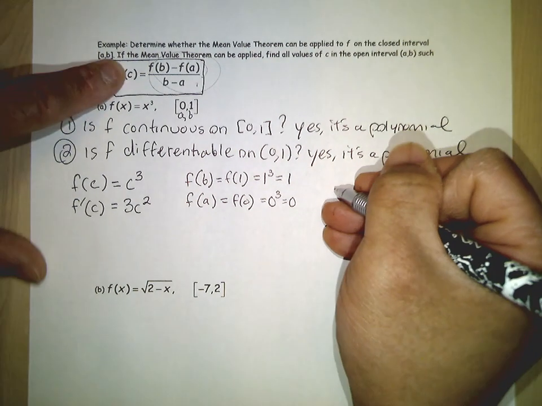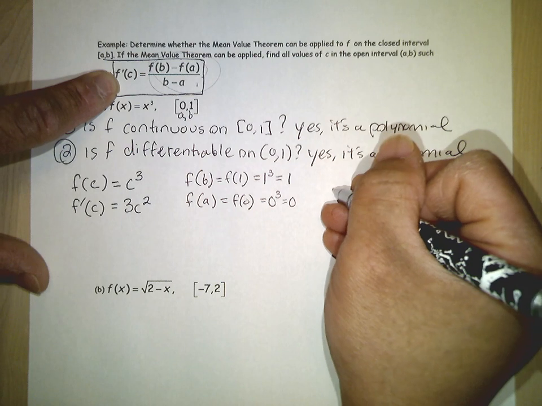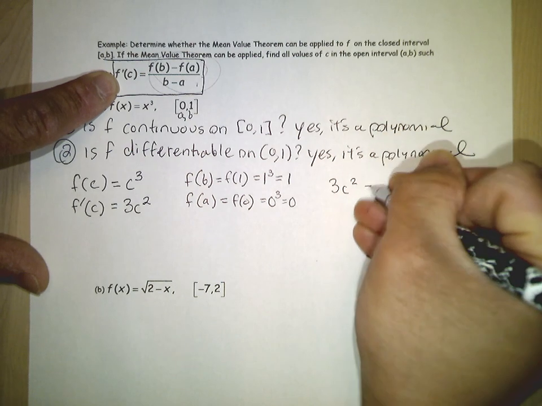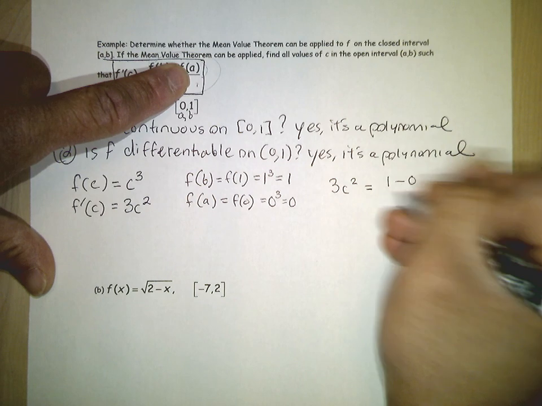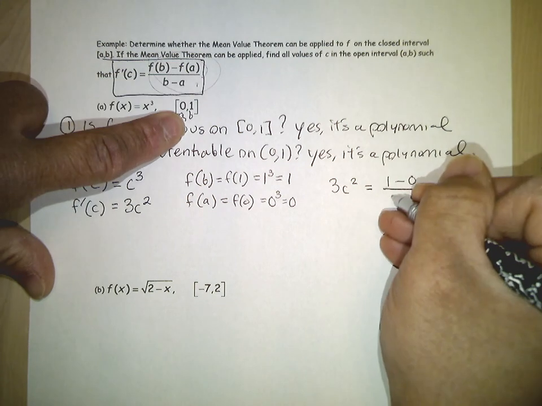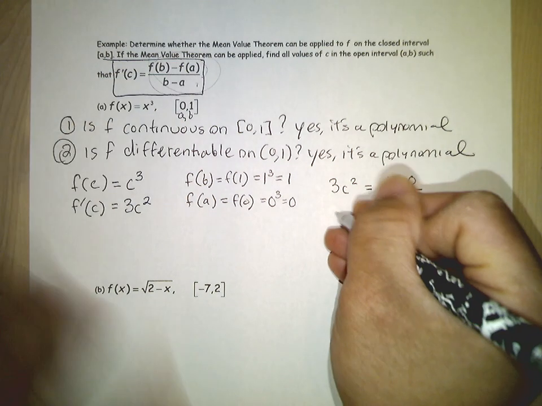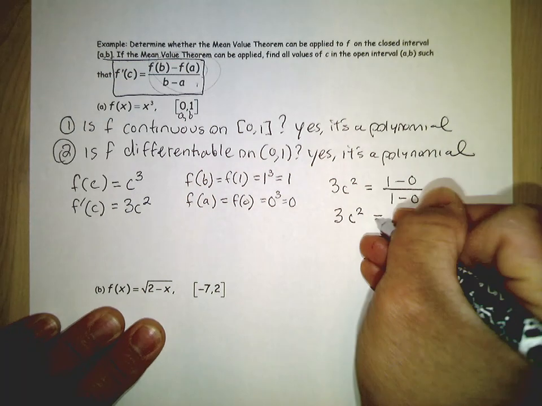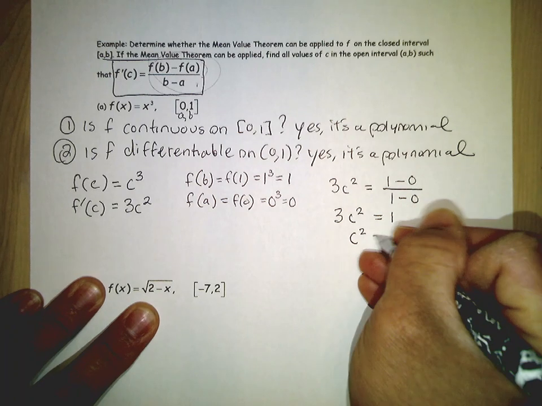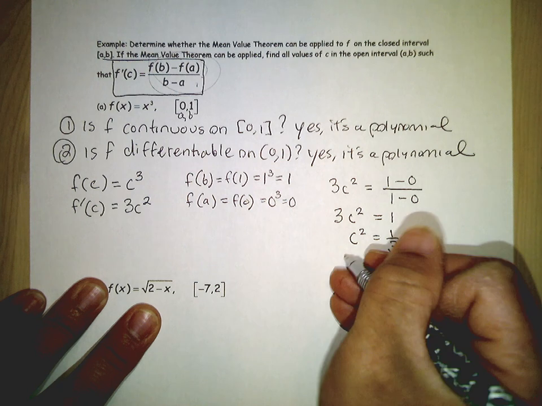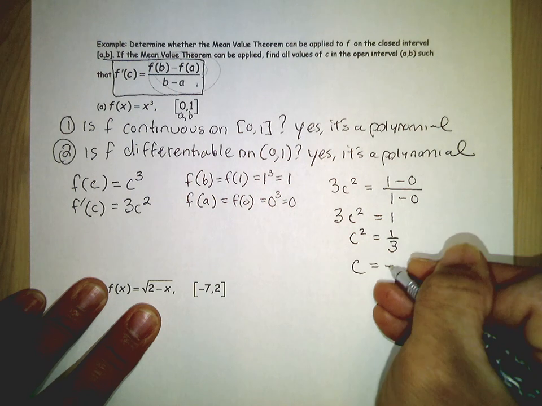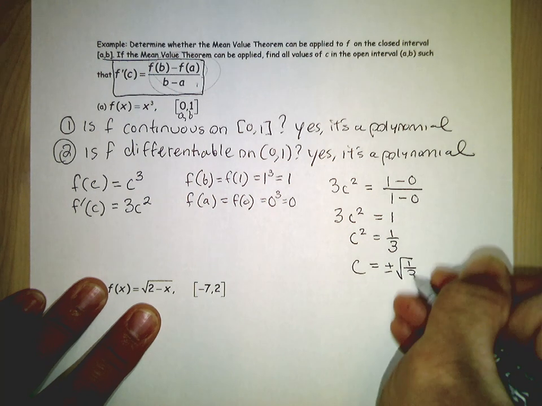So let's see, what do we need? We need f prime of c, so 3c squared is equal to f of b, 1, minus f of a, 0, all over b minus a, 1 minus 0. So 3c squared is equal to 1. Then divide by 3 to get c squared is 1 over 3. Then c is plus or minus the square root of 1 over 3.